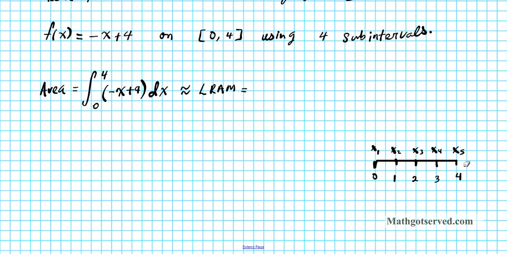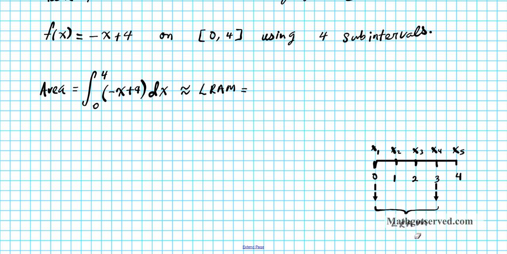Our right endpoint is 4, so that will be excluded. We simply start from x1 all the way to x4. So from here to here are the x values that we'll use to calculate LRAM.